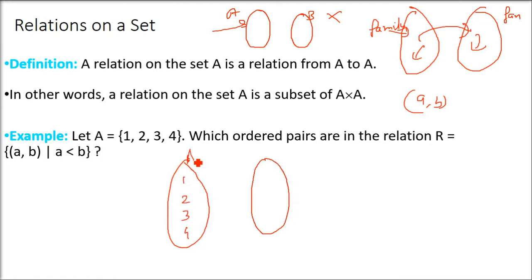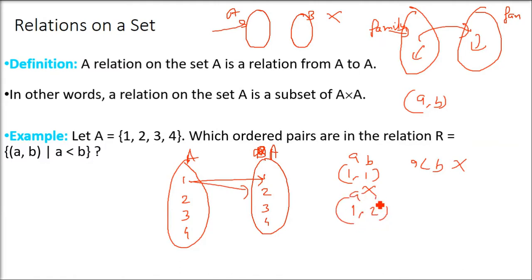1, 2, 3, 4, this is A. Now I'm not having any B. This B is A only. No other set. Now this relation of A and A, that is the A cross A set. (1, 1): is a less than b? No, (1, 1) will not be taken. (1, 2): is 1 less than 2? Yes, it is.